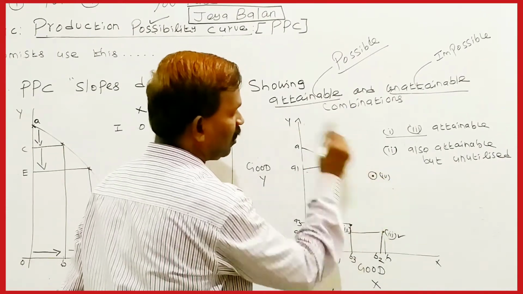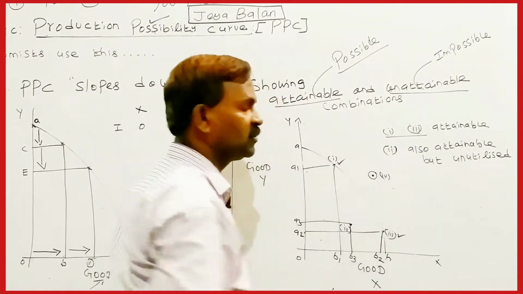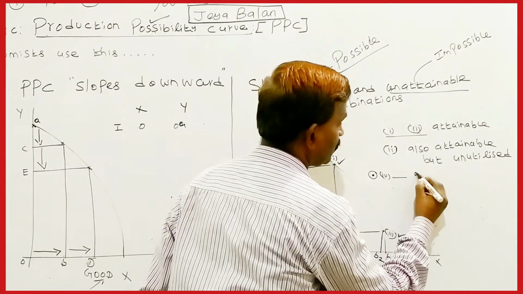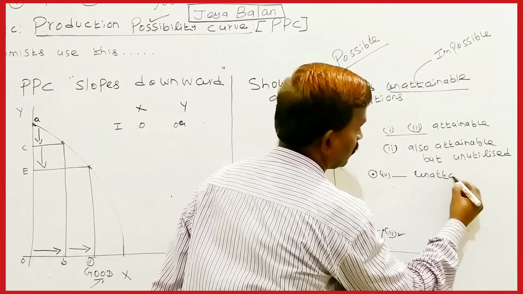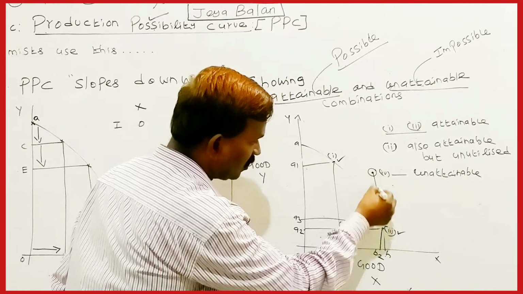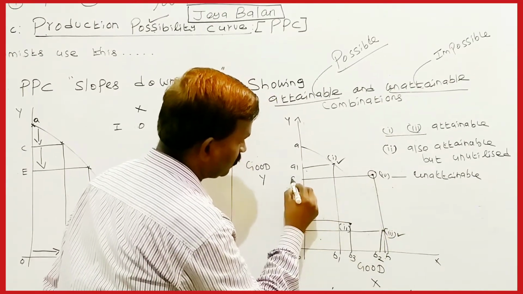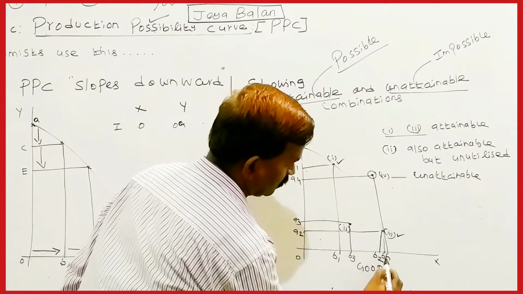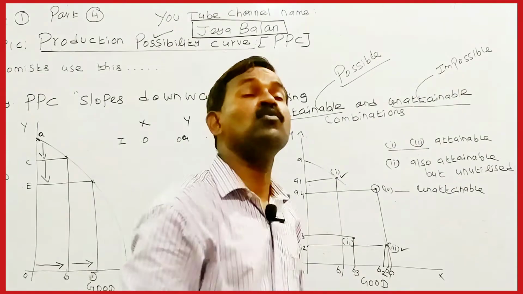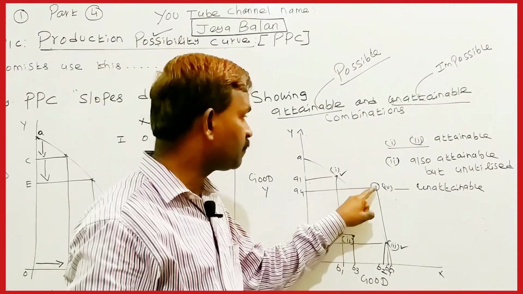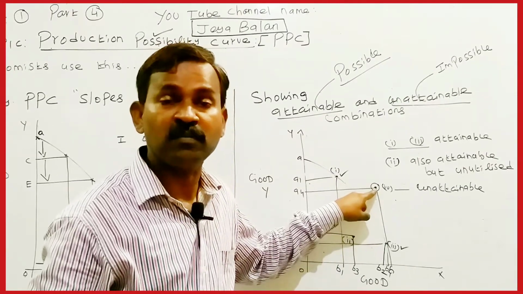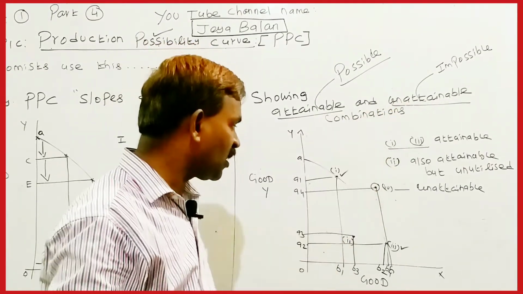But now comes the next point. The point I plotted on the diagram outside, above the PPC. What does it mean? It means, for example, draw this. What is the meaning of the point plotted above or outside the PPC? It means the economy cannot operate at this point. It means it is impossible. What is impossible?